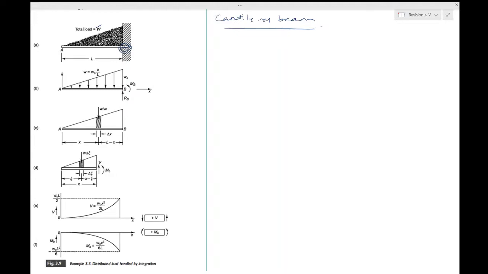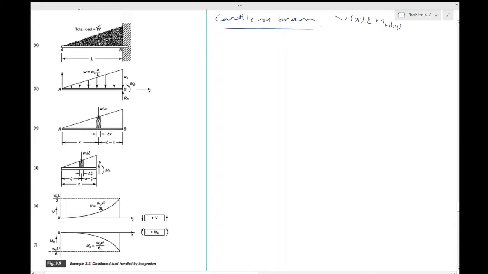It is desired to obtain the shear force and bending moment diagram. Just like in the previous case, we are supposed to find the shear force and bending moment diagram, meaning you have to consider this for this entire length. Let's see how you would proceed to draw them.